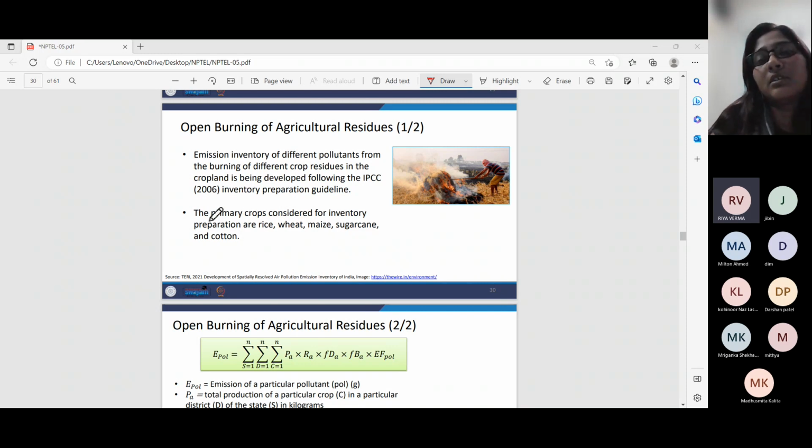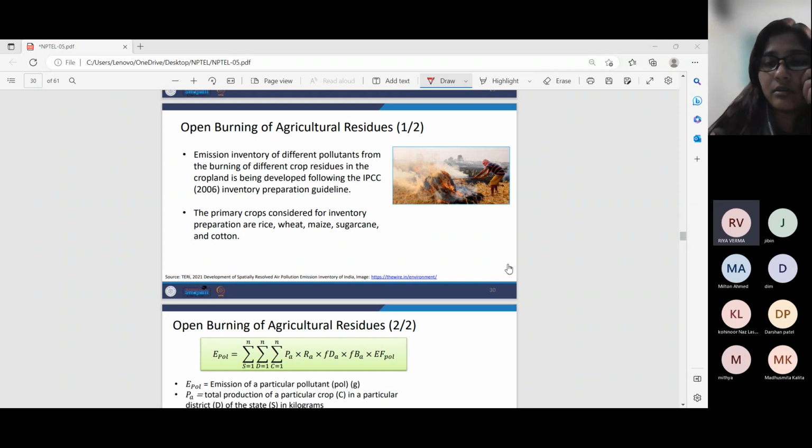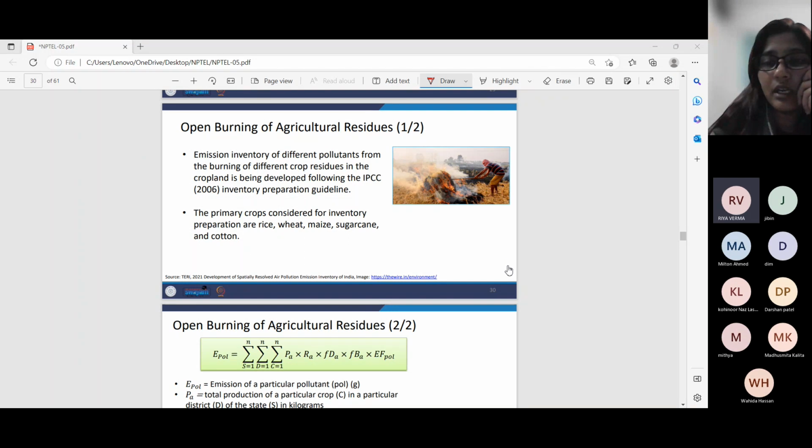I guess these five crops are the major contributors towards the agricultural residues, and when they are burnt, a lot of emissions are created, and this is a major reason why, during the months of October and November when these agricultural residues are burnt in this Haryana belt, the emissions are getting transported over the Delhi region. That is why we have such a high amount of pollution in winters in Delhi.